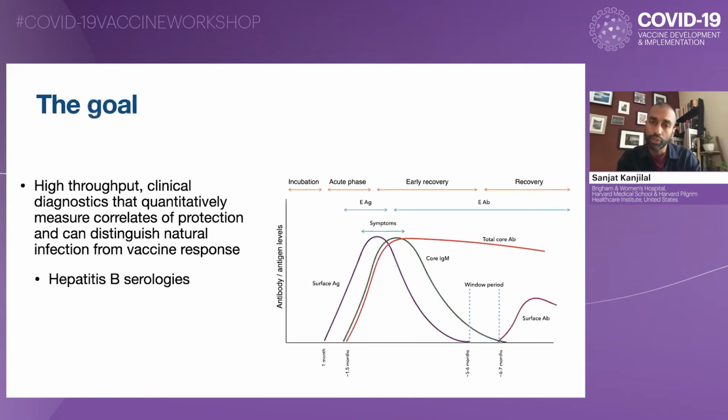And so the goal here in the post-vaccination era is to really develop high throughput clinical diagnostics that quantitatively measure correlates of protection and can distinguish natural infection from the vaccine response.